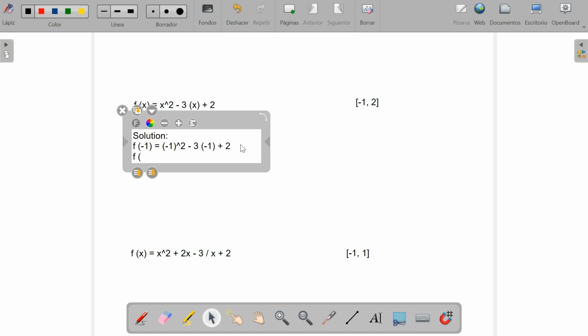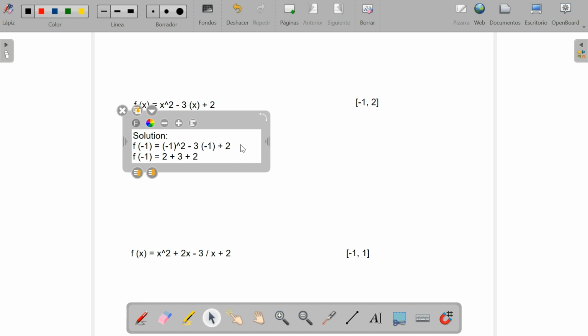Okay, f(-1) is equal to (-1) squared. That is equal to 1, positive, because negative times negative is positive, and then minus 3 times minus 1 is equal to minus 3 because you have to put the sign on here, but actually this is positive because it is minus times minus, plus 2.